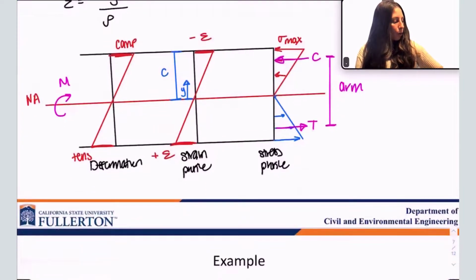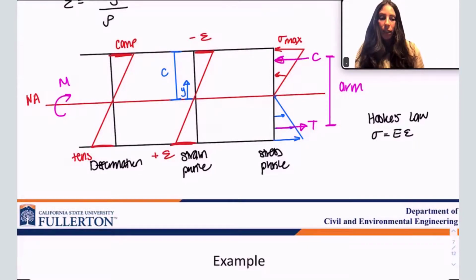And we're also going to use good old Hooke's law. What is Hooke's law? Sigma, stress, is equal to modulus of elasticity times epsilon, which is the strain. I'm going to plug everything in that I have solved for here. I'm also going to use similar triangles.